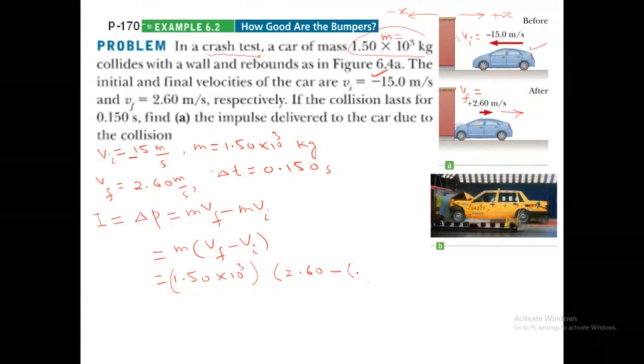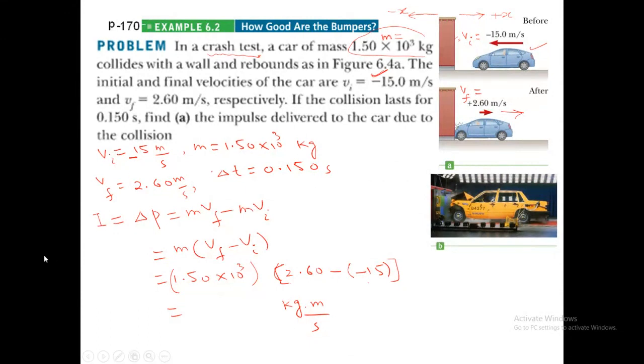Minus 15. So minus will be plus. So finally you will get in kg meter per second 2.64 into 10 raised to power 4 impulse. This is in kg meter per second. Any question, please?